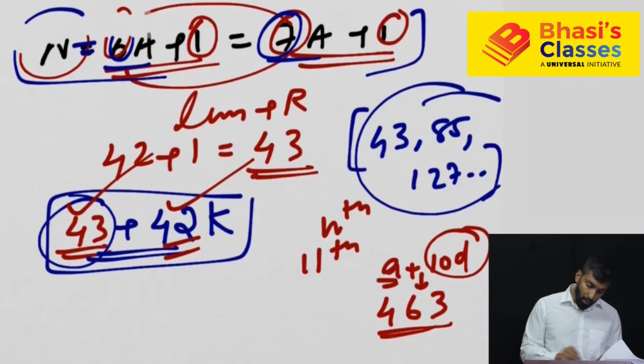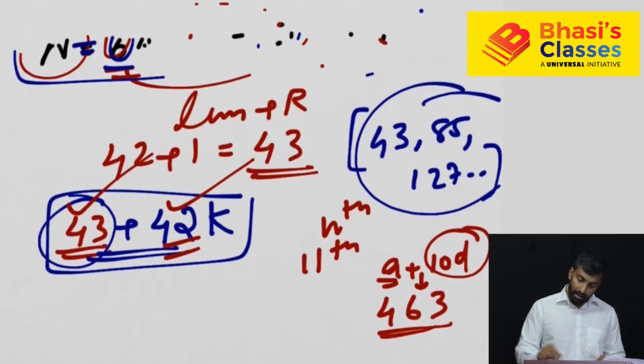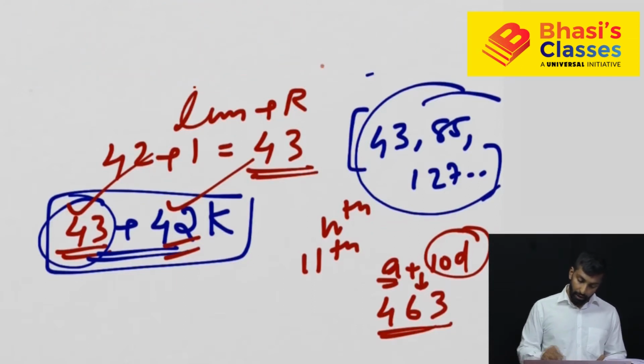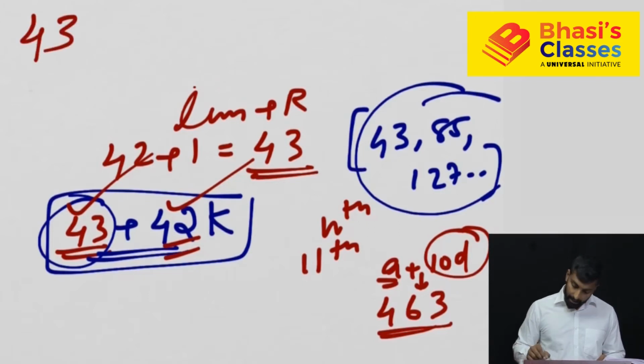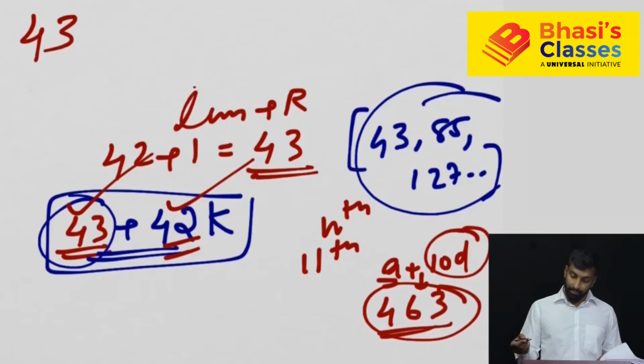So if I ask you how many such terms are there within a range of 500, so 1 to 500, how many such terms are there? Now you know the first term is 43. Within 500, you know 463 is the 11th term. If you need to find the 12th term, you need to add 42 again, then it becomes 500 plus. So you understood that 463 is your last term.